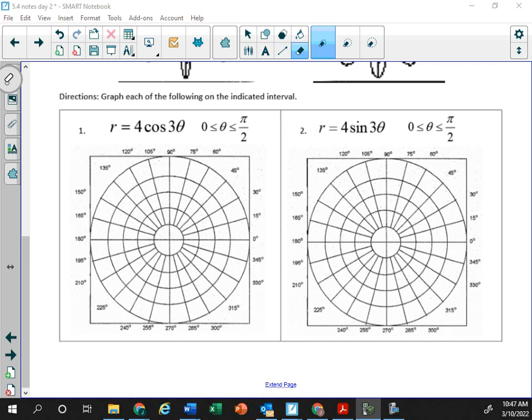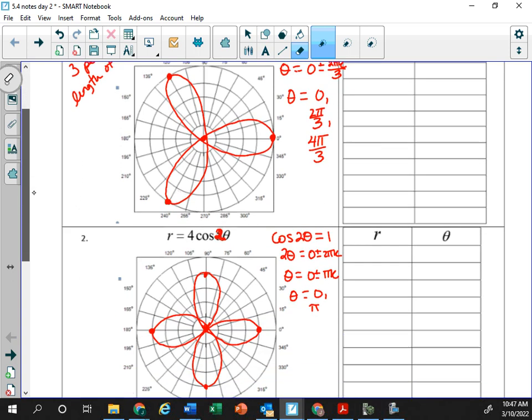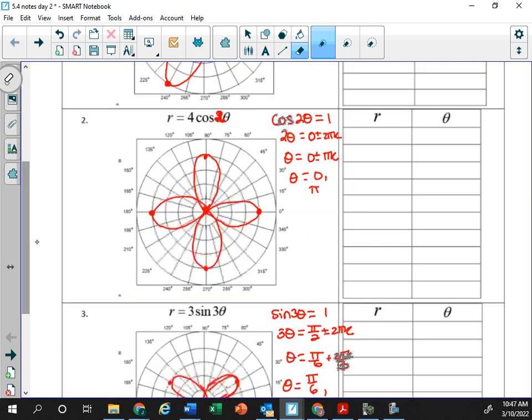Now, let me explain why. When we had our even graphs, let's go way back to the beginning. Let's look at number 2, where we graphed 4 cosine 2 theta from 0 to 2 pi. We got double the number of petals, right? So instead of 2, we got 4 petals.